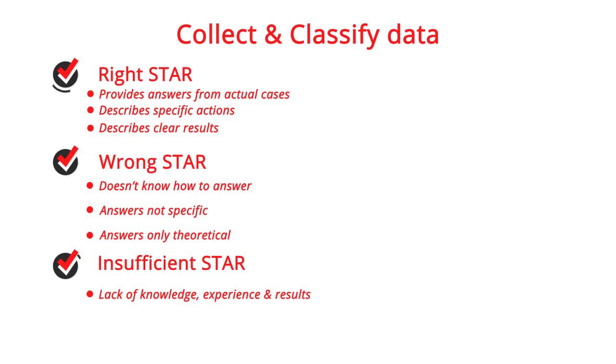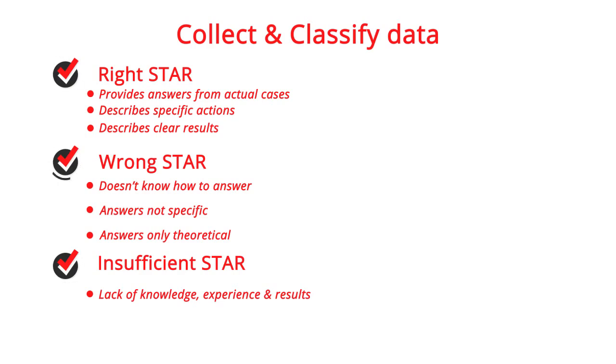When we come to classify the stars, what this helps you with as an interviewer is that, one, it helps you to evaluate the candidate's experience and see how candidates reacted in past situations. Secondly, it helps you to identify whether a candidate's answers are sufficient or they need to be explored further.